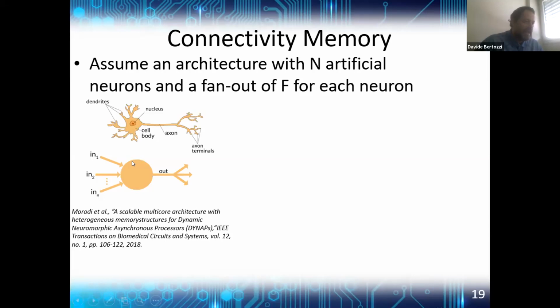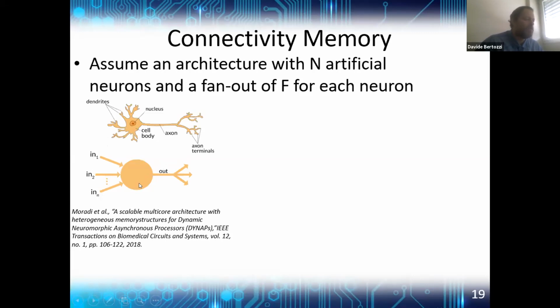Consider a generic spiky neural network with n neurons. So we have n neurons, and the neurons have this structure. They have inputs, these synapses that establish the connectivity between this neuron and the previous neurons, and you have a specific fan out.